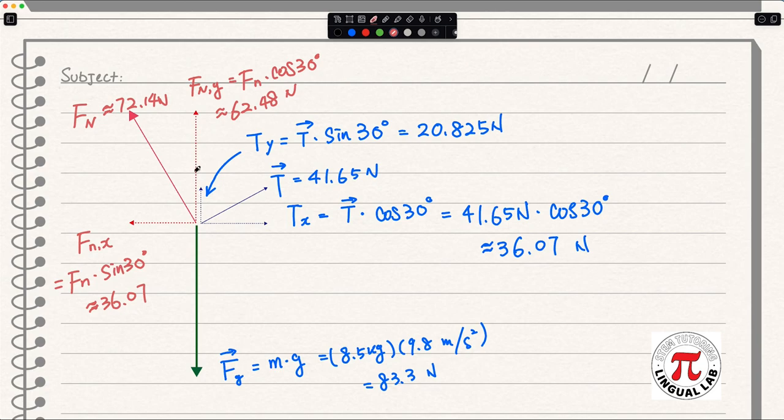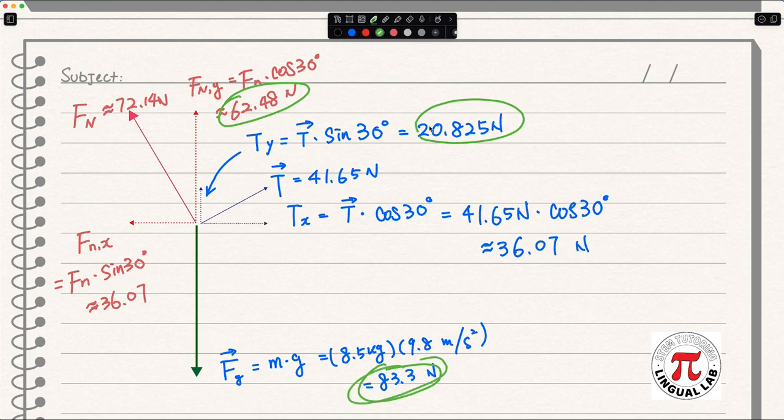Now we want the total force for the y-axis. Okay, so check the y component of the net force. The y component of the net force is this y component, this y component, and this y component.